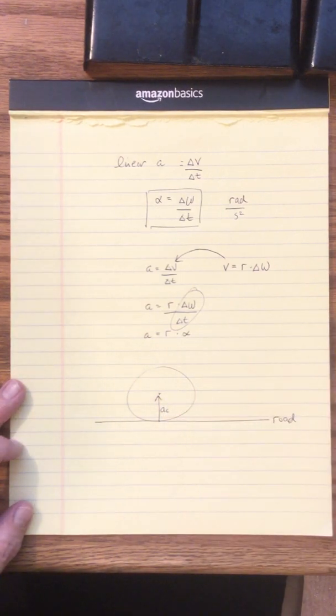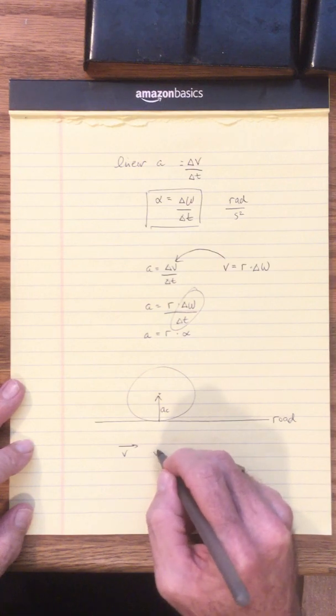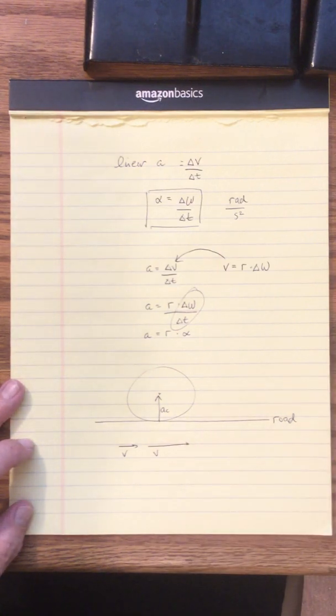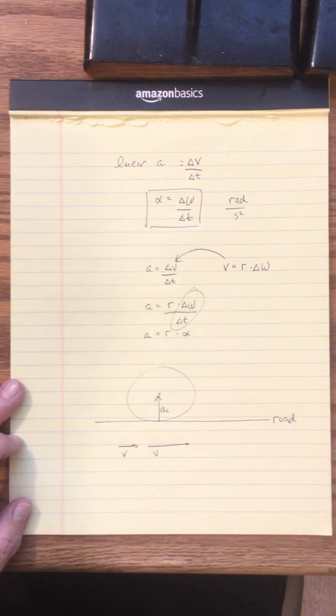Okay, if you remember that we have a spinning object, the acceleration is going to be toward the center. And if we are speeding up like this, okay, we have also an angular acceleration, but we will also have what's called the linear acceleration. So that's what we're trying to calculate right here.